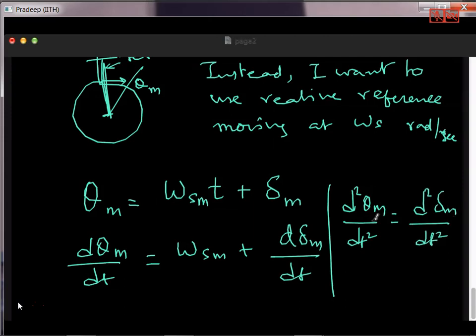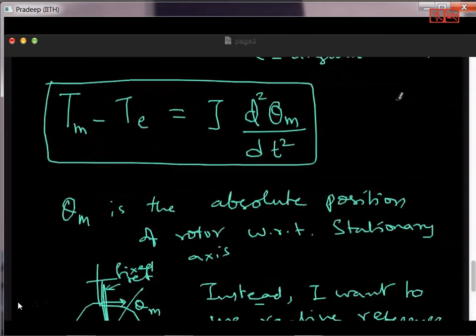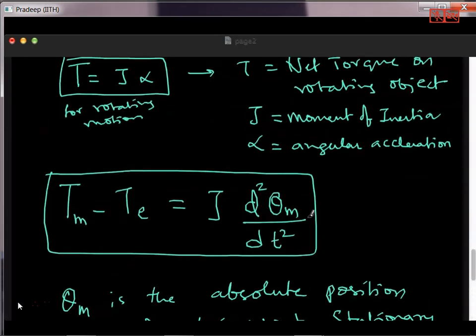So basically I can replace the absolute mechanical angle theta m, with reference to a fixed stationary reference, by a relative mechanical angle with reference to an axis moving at a synchronous speed. So now if I go back to the previous equation, I can modify it. Let me do that.